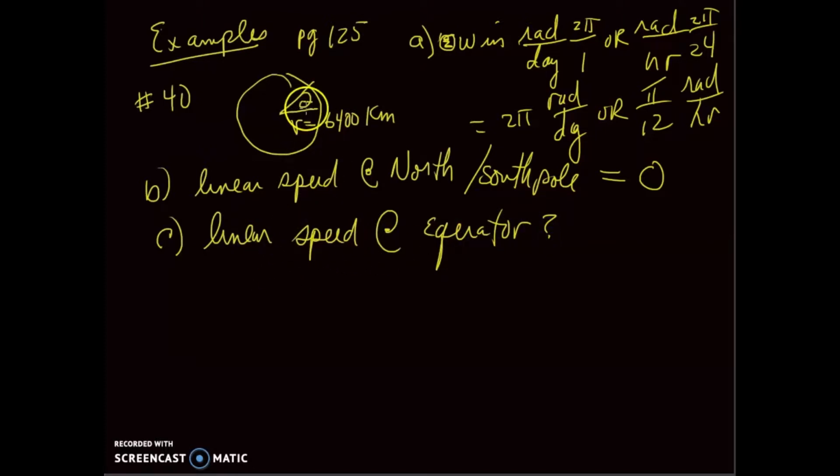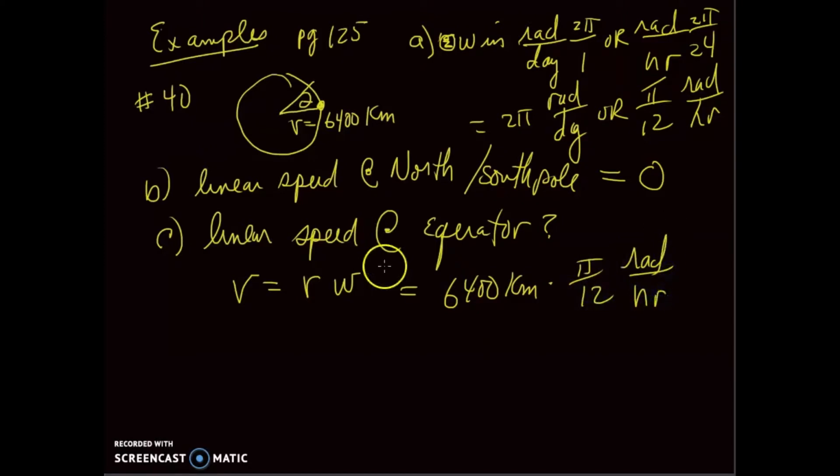Well, that's this point moving around in 24 hours. So if we know that omega in hours, we can find the linear speed because we know r, we know omega. So r is the 6,400 kilometers, and the omega is pi over 12 radians per hour. We don't have to calculate that right now.